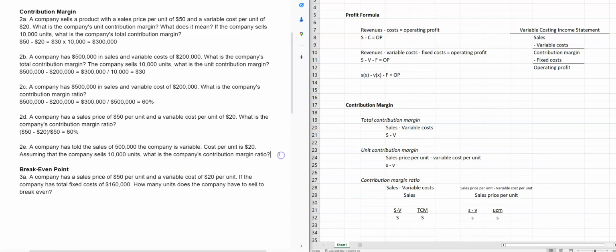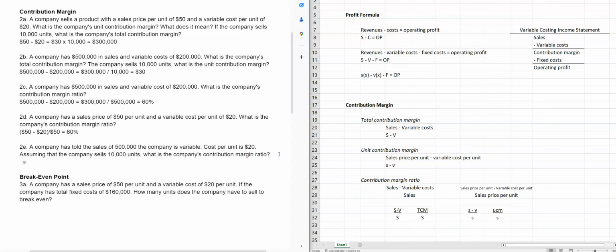Now, if we look at 2E though, a company has total sales of $500,000.